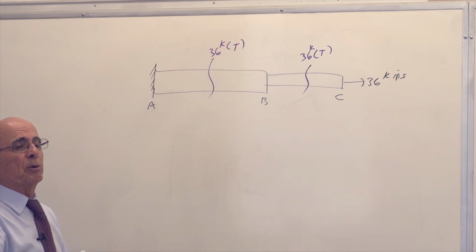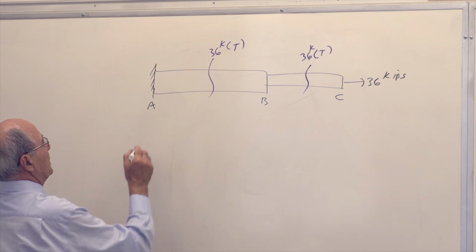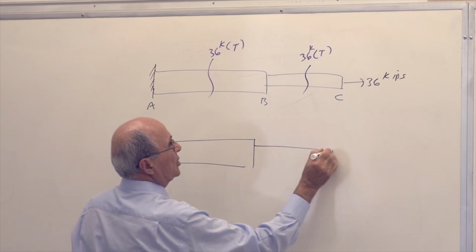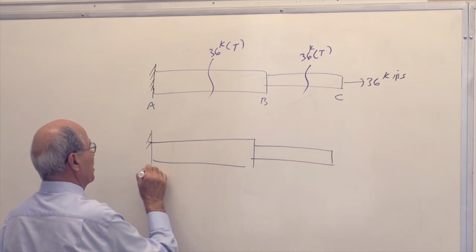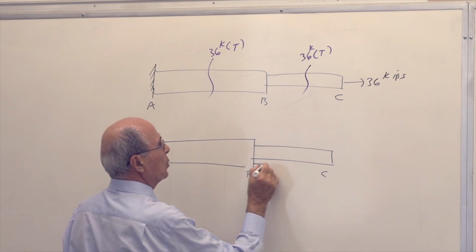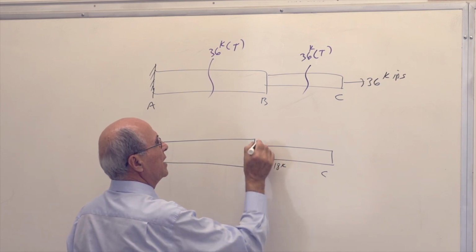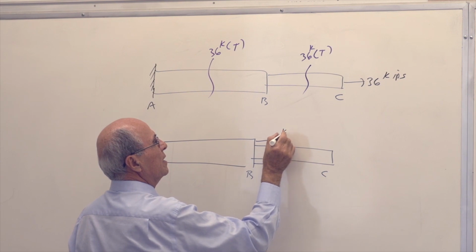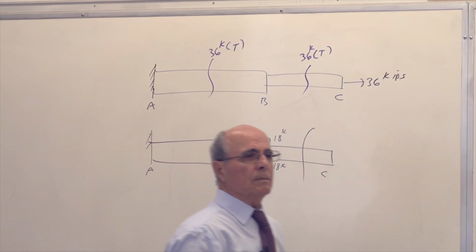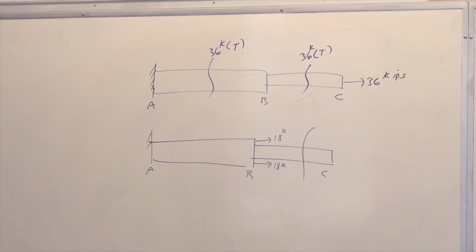Now I'm going to change the problem to something different. The structure is the same. ABC is exactly the same. But now I'm going to put here 18K and 18K here. What's the force in this member? Everybody quiet?